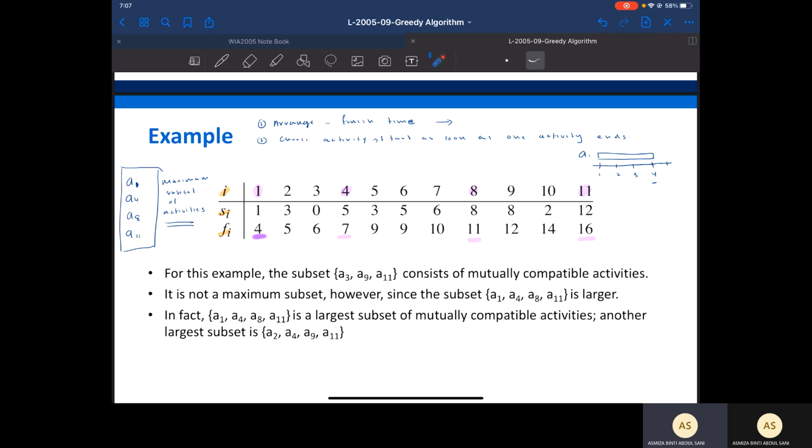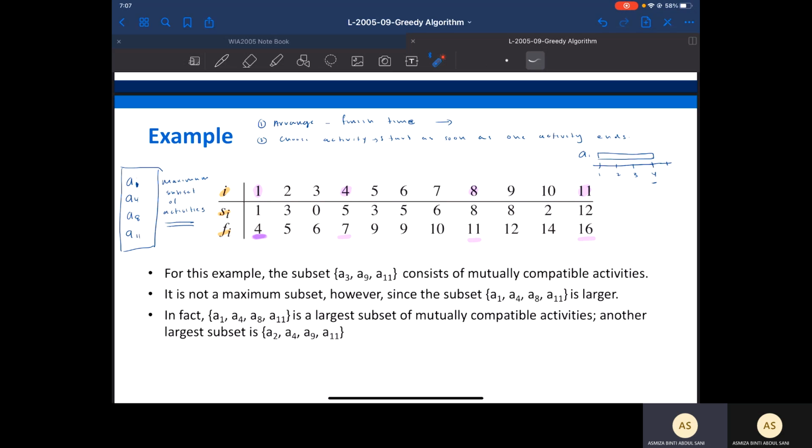2, 5, and since it ends at 5, you can start activity 4, which ends at 7, and then you can start with 9, which ends at 12, and activity 11, which ends at 16. Okay, so you can also get this solution as well.